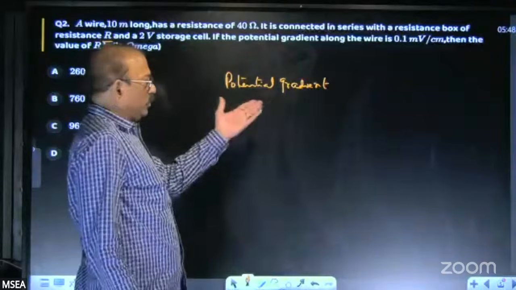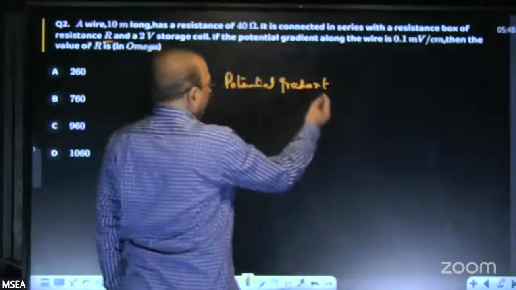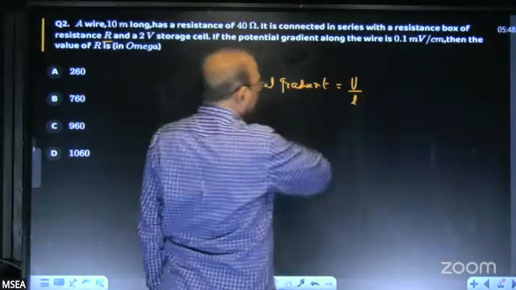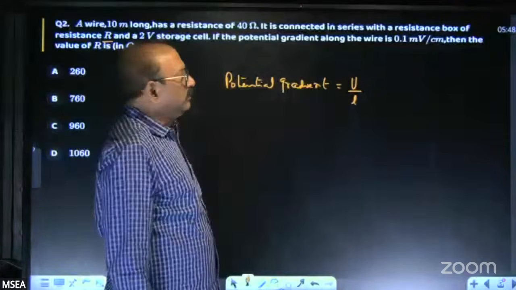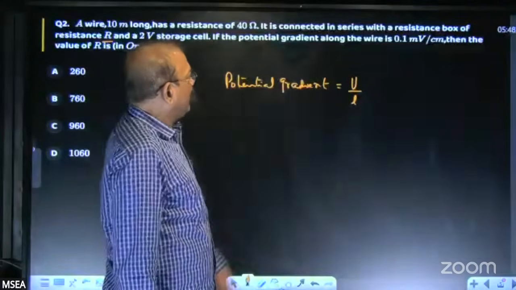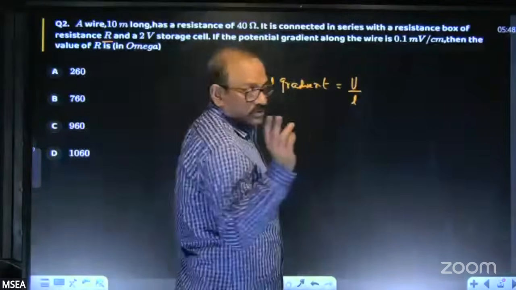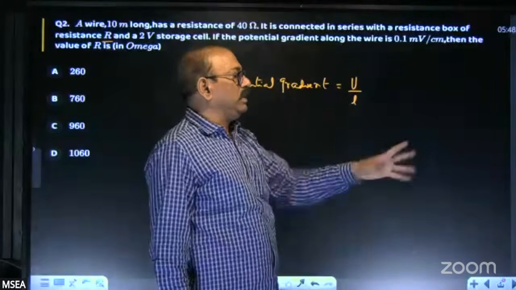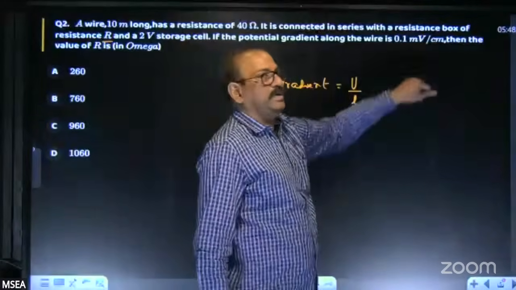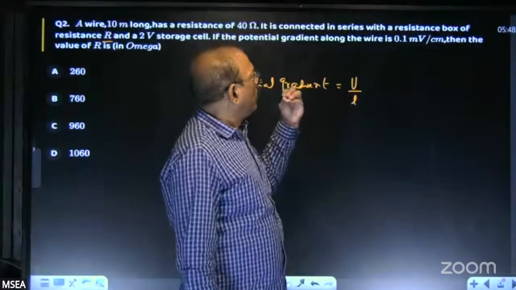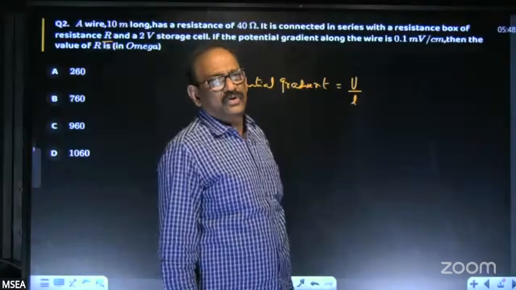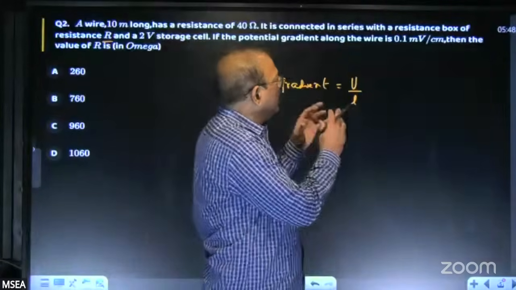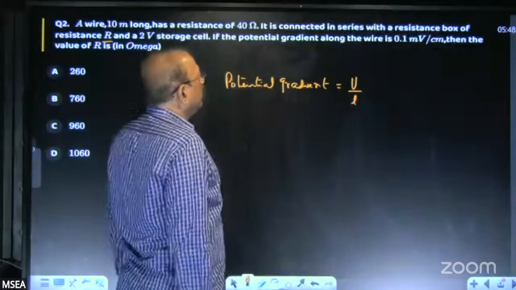See, students, potential gradient: what is potential gradient? Potential difference per unit length. Its value is given there, 0.1. Another point in this current electricity chapter: always current in microampere, milliampere, and millivolt per centimeter, like that only. Mostly they'll give like this only. You need to be very careful with units while doing problems in this chapter. You need to observe the milli and all this, and convert them.